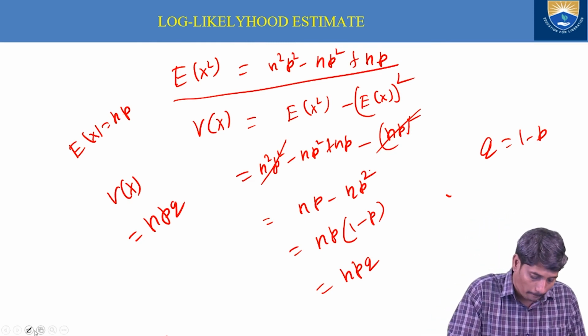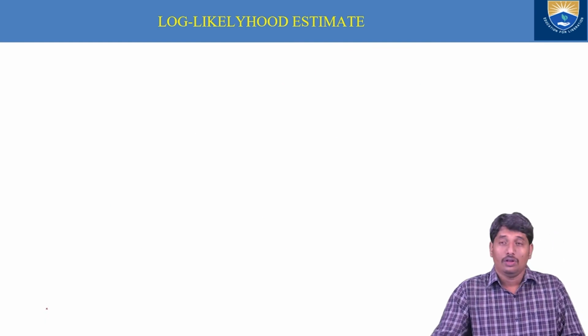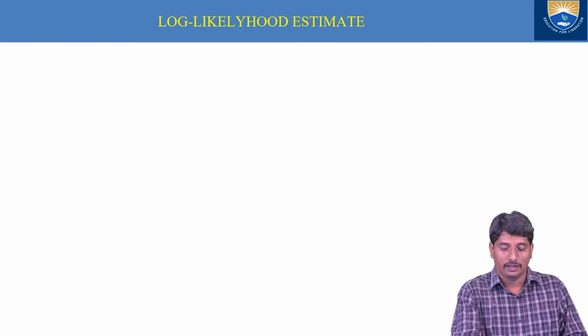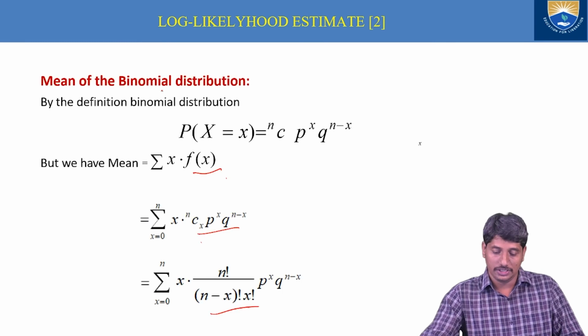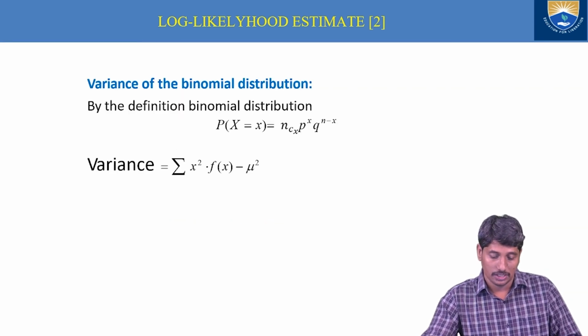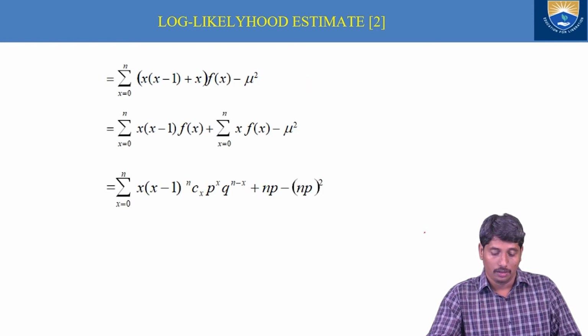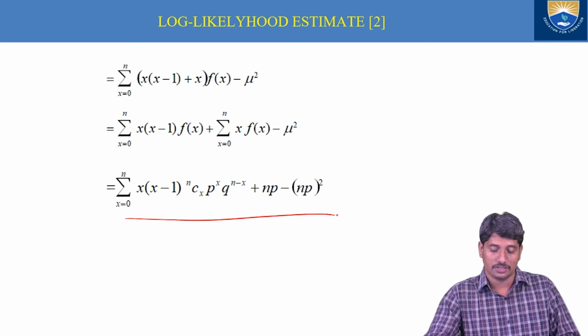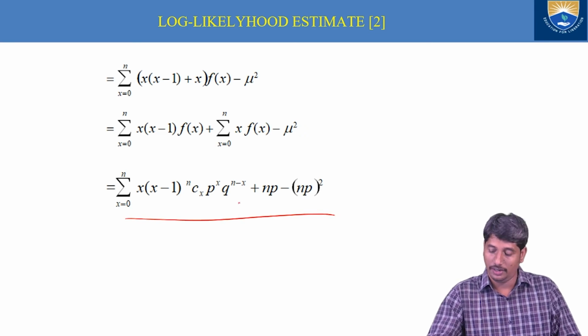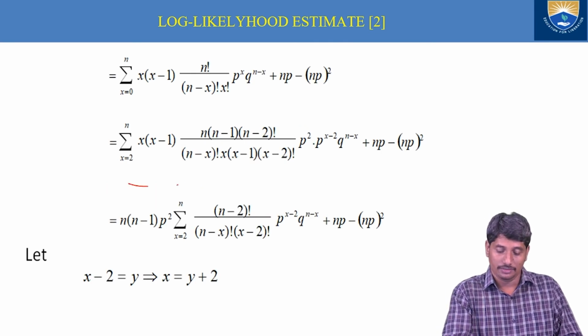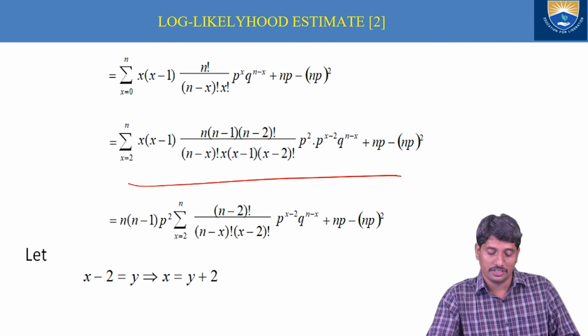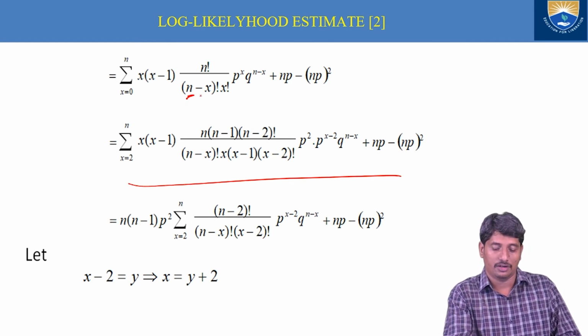Now our mission is to calculate the log likelihood. Let us see the variance. Here we could see a summary of the variance, this is the formula. You can decompose the summation here, and here you have written nCr as n factorial by (n minus r) factorial into r factorial.